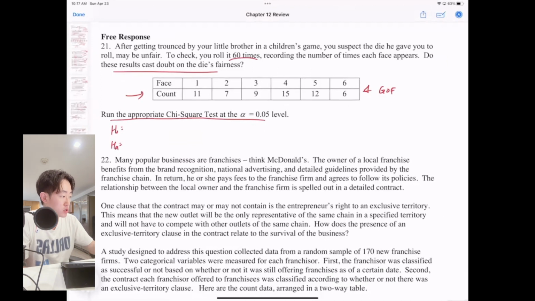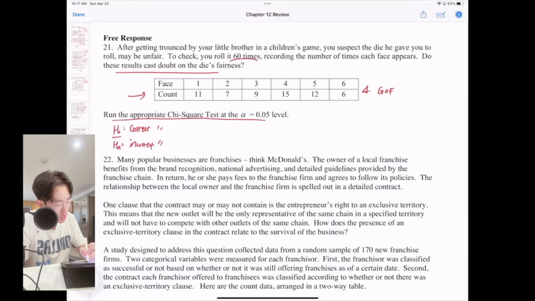And to go back, goodness of fit basically states that the null is that the distribution that you have is correct, and the alternative is that it's incorrect. I am abbreviating this a lot, but to specify the number of counts for the roll that you have for faces 1 through 6, the distribution is correct.